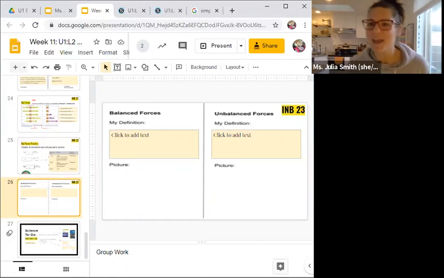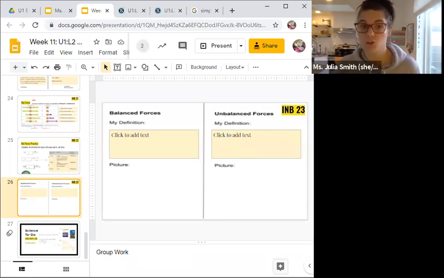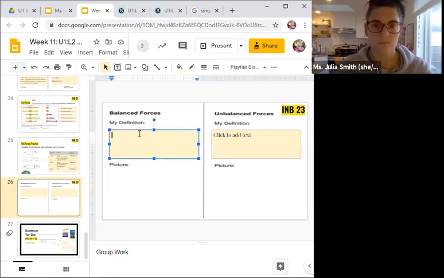IMB 23, you are defining balanced and unbalanced. Remember, balanced forces are anytime there's a net force of 0. You have no net force, you end up with balanced forces. There's no motion.